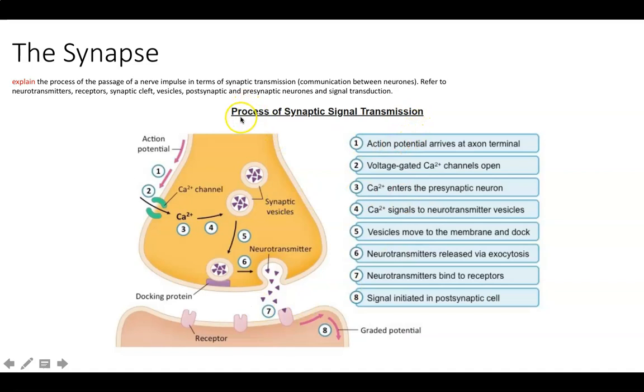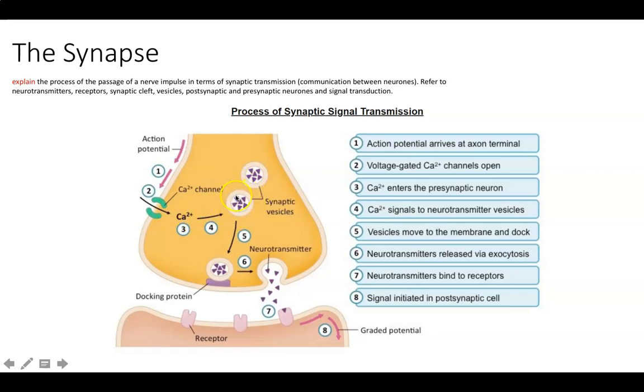One, now we've got that action potential that has come down. What that does is it causes these calcium channels to open. And so what that allows is calcium to enter the presynaptic neuron. So if here's the synapse, pre means just before. So calcium enters this neuron, and then it's put into these little vehicles, or what we call vesicles.